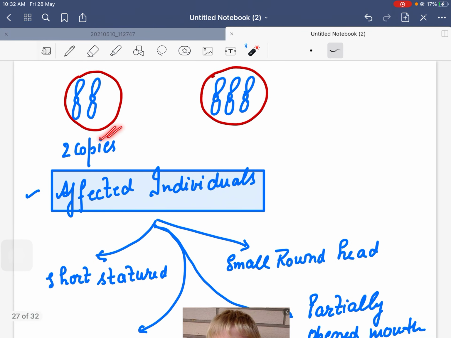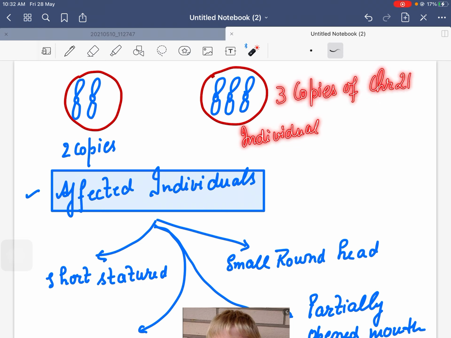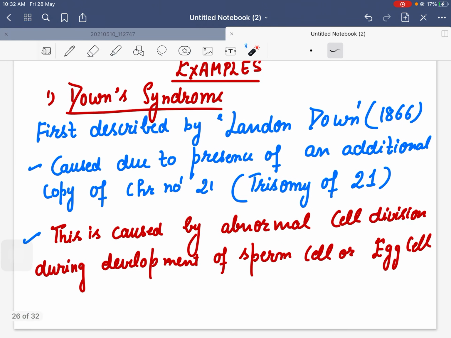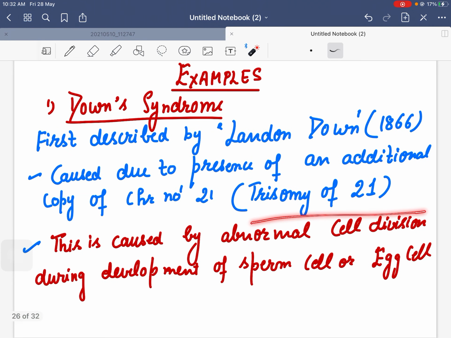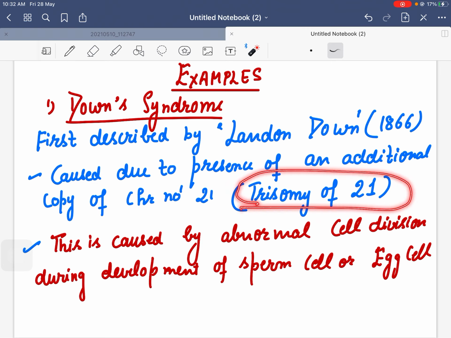As you know, in a normal person, 2 copies of chromosome 21 are received, but in an individual in which 3 copies of chromosome 21 are observed, this condition is known as trisomic condition. And this trisomic condition leads to Down syndrome. So basically trisomy of 21 causes Down syndrome.